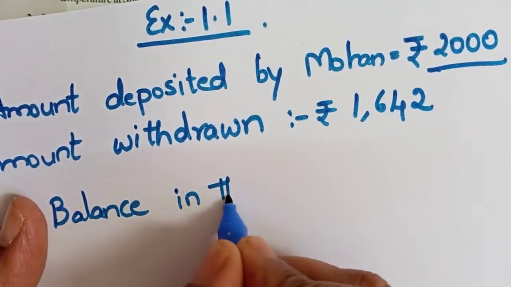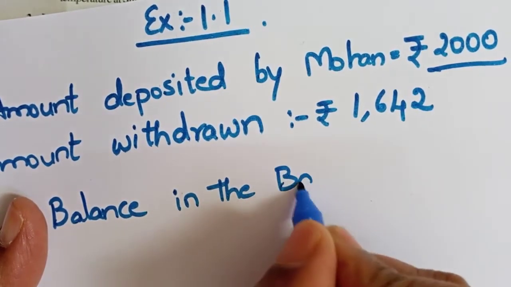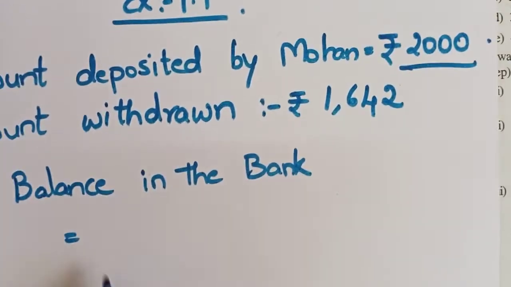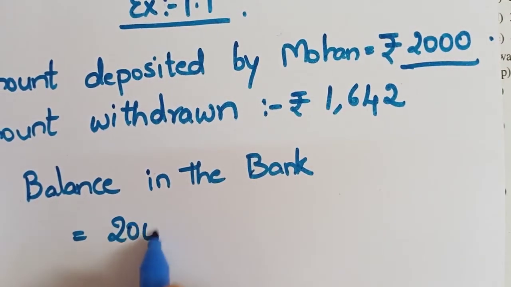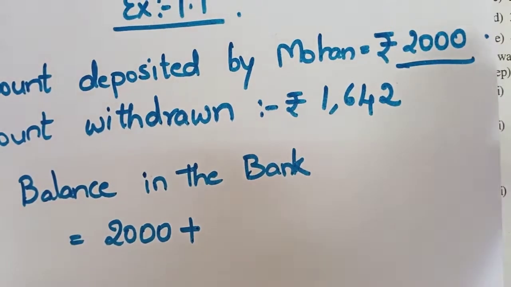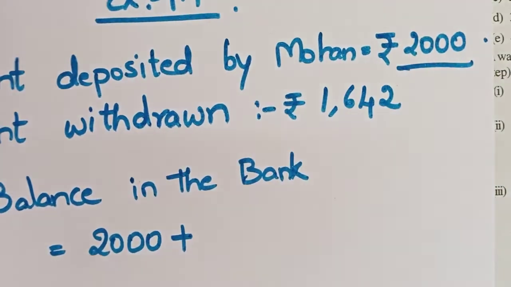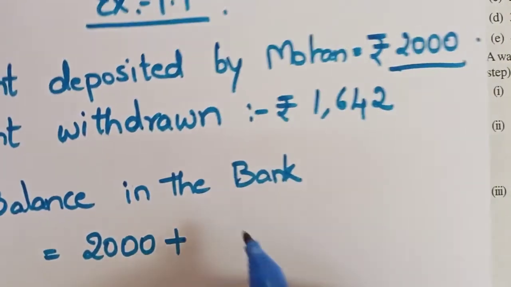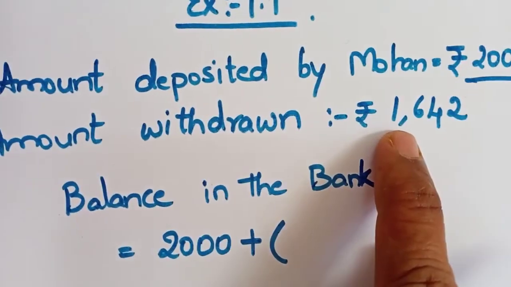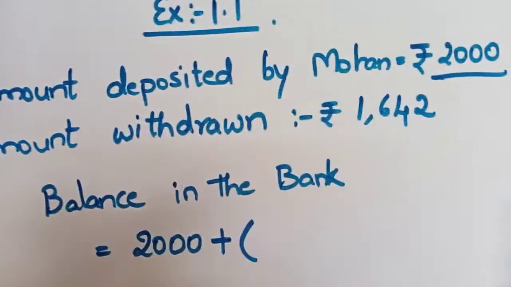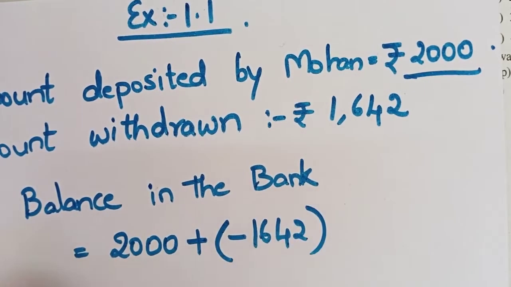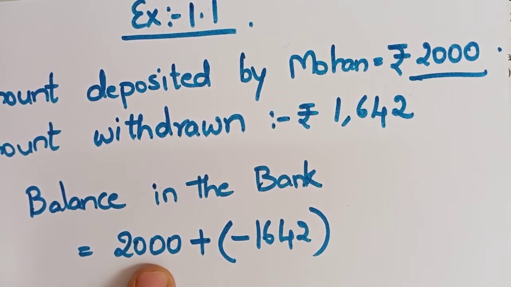Now, what is the balance amount there in the bank? Balance in the bank is equal to, what should we do for balance in the bank? 2000 is a positive integer. Okay, plus let us add up everything and see our balance. We are adding up, but they asked us to consider the withdrawal as a negative number. So we are adding this negative number to our positive number, which is a deposit.